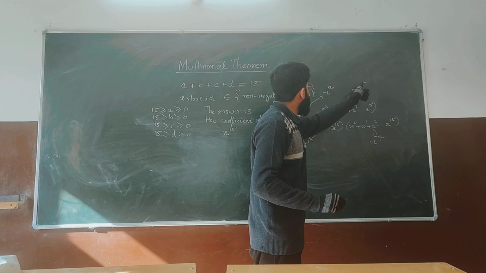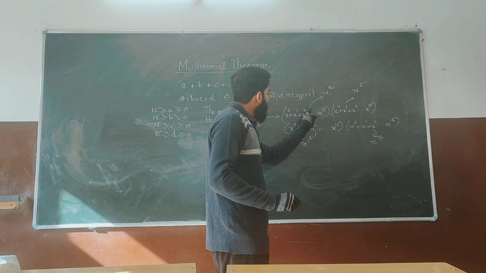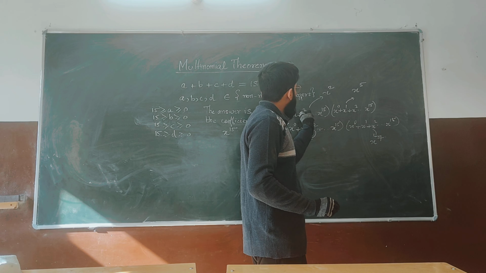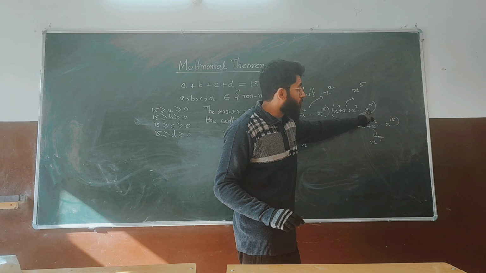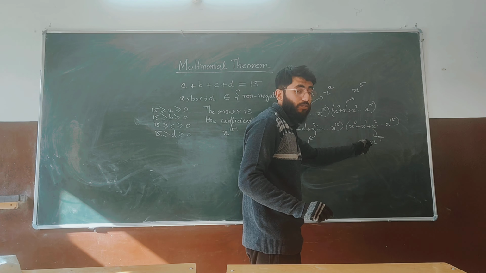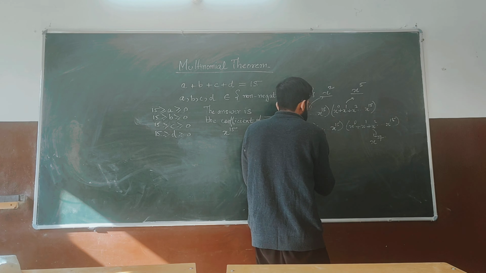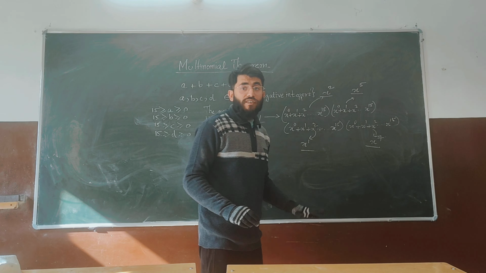Let's see, 2 plus 5 is 7, 7 plus 7 is 14, 14 plus 1 is 15, yes. If I take x square from this bracket and multiply it with x to the power 5 from this bracket, x to the power 1 from this bracket and x to the power 7, and multiply all these four terms, we'll arrive at x to the power 15.